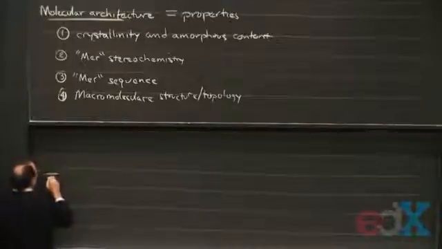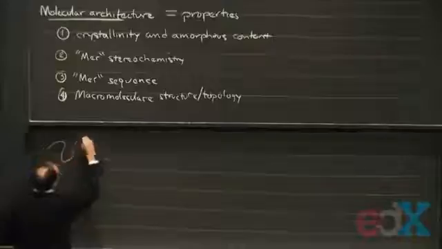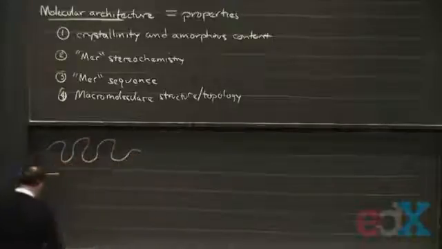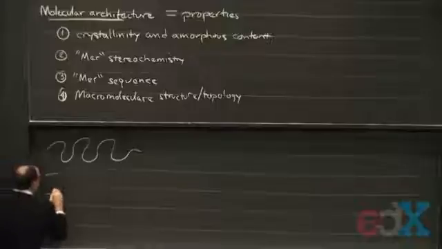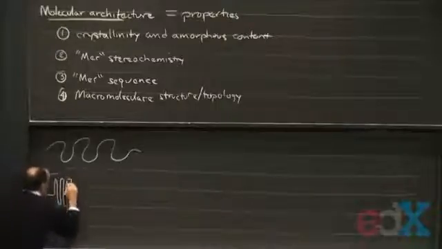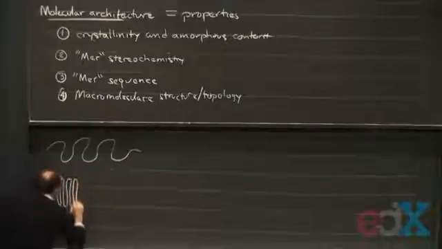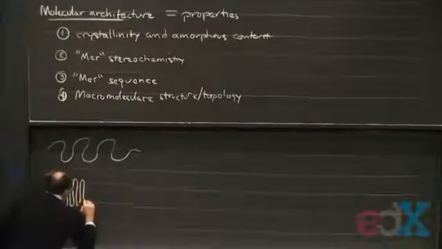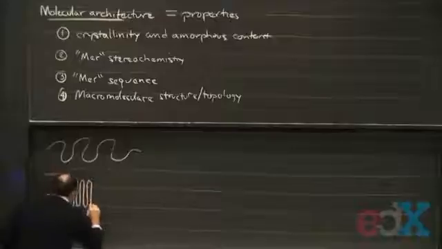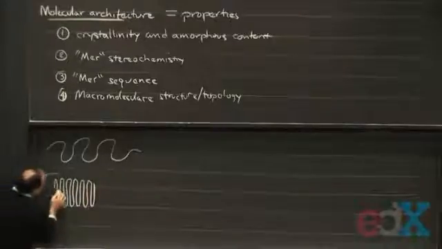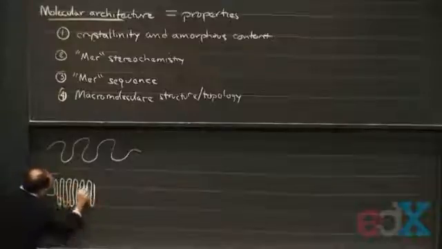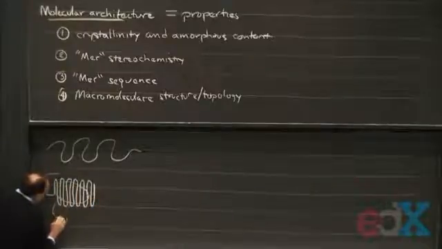What can happen is, if I have this polymer, it's very long, the polymer can decide to fold on itself. In other words, within a single molecule itself, it can fold, and the folds form a regular packing.